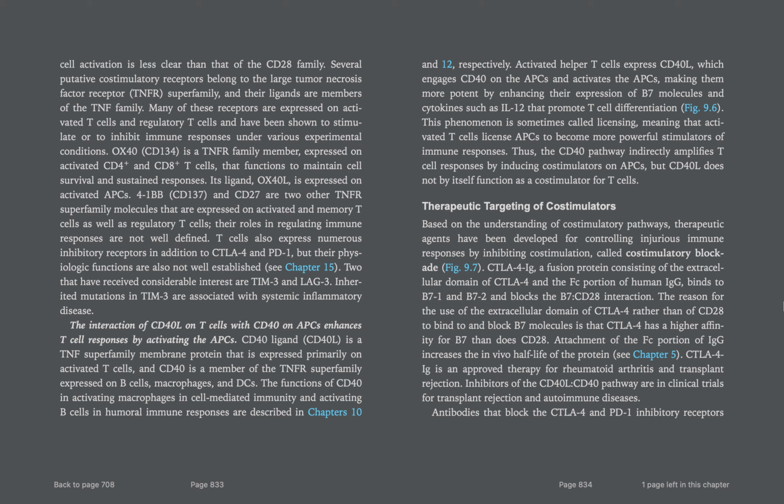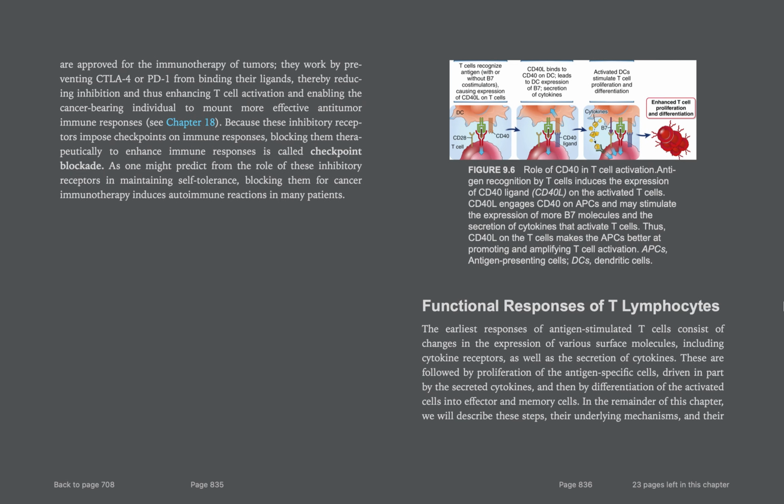Inhibitors of the CD40 ligand pathway are in clinical trials for transplant rejection and autoimmune disease. Antibodies that block the CTLA4 and PD1 inhibitory receptors are approved for immunotherapy of tumors.